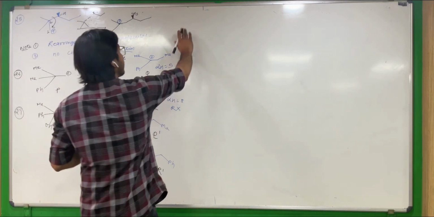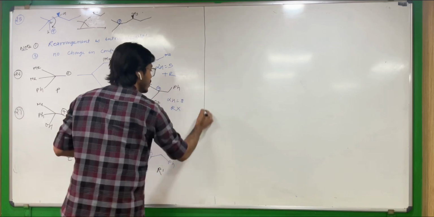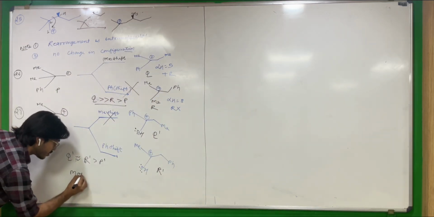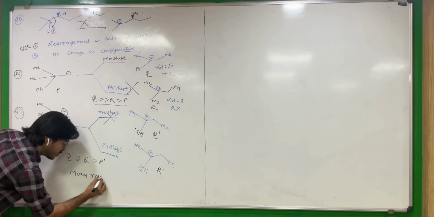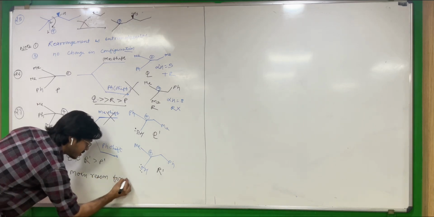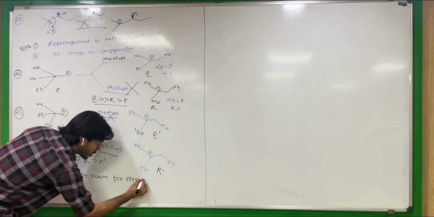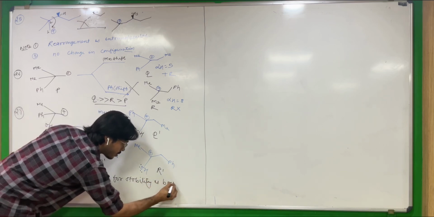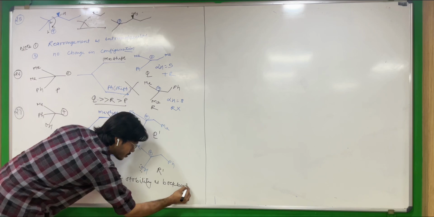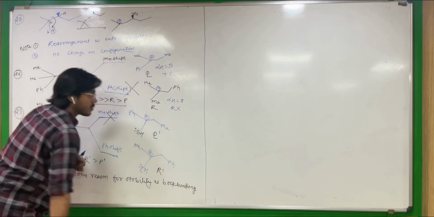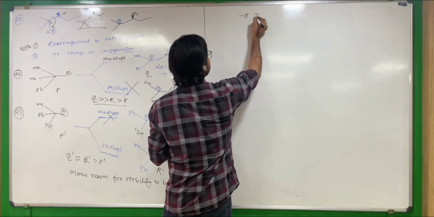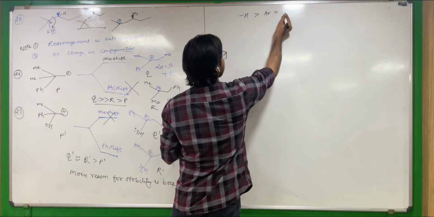In this case, the main reason for stability is back bonding. Now we have studied that the migrating aptitude order is hydride, then aromatic, and then alkyl group.